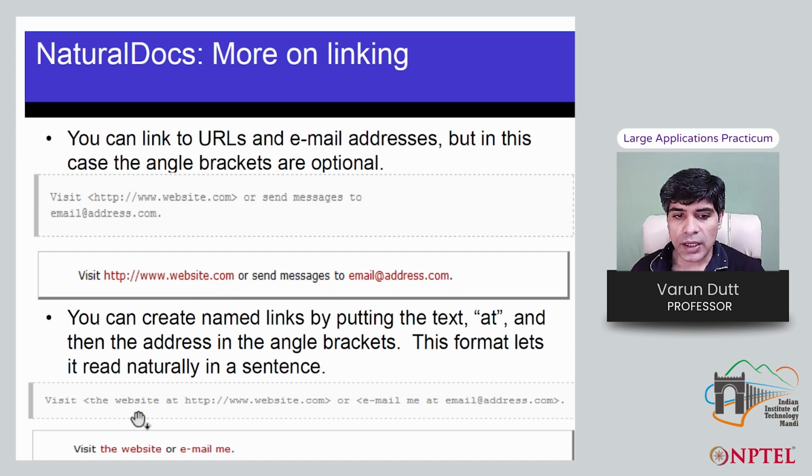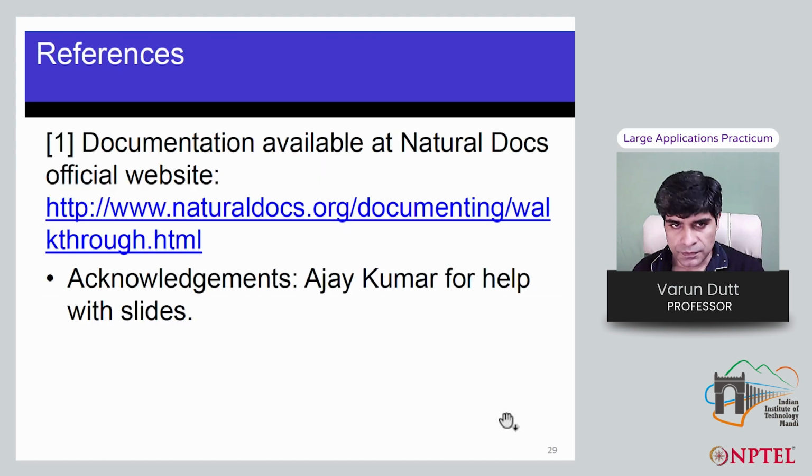You can also write the website at, or email me at, and that will appear as the website or email me. If you write text before the at, then that text gets hyperlinked with the URL or the email address. So this is all about Natural Docs in the second part.